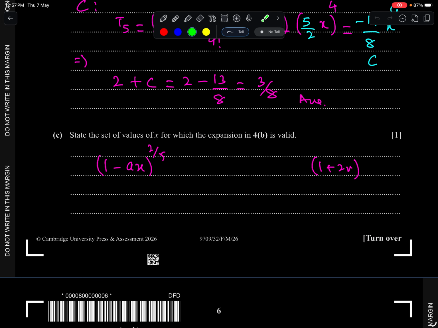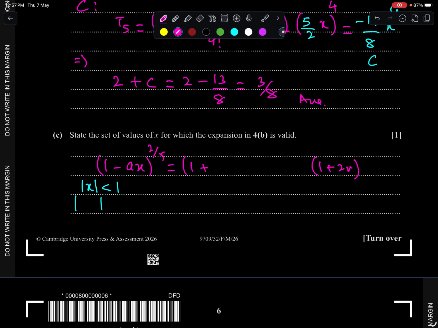So if we have product, always take both the expansions and use this. Modulus x less than 1. Now substitute the second term. Second term is minus ax, and we have got the value of a. So substitute a into this expansion.